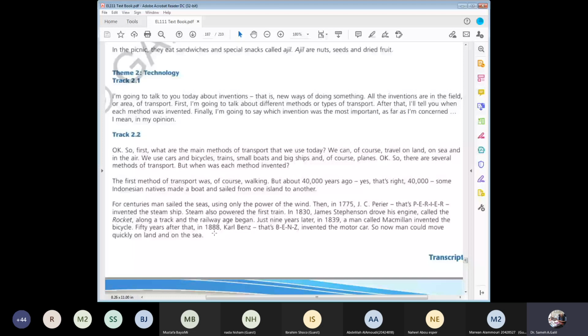If I don't know what methods means, I can get the meaning from the word types. So what is the relationship between methods and types here? Is it similarity? Yes, very good.